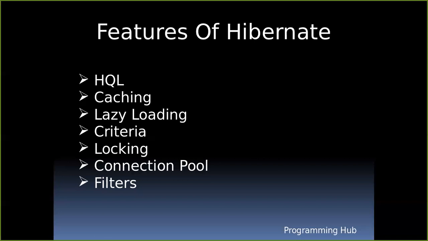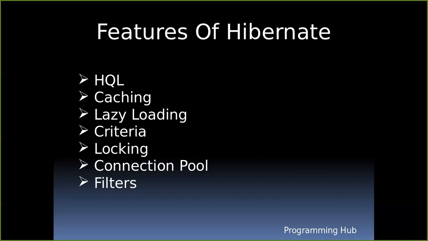So next is criteria. In most cases, we select data from tables in Java projects. If the query to select the data is not a tuned query, then the data will be selected slowly from the database, which affects performance. For a Java programmer, creating tuned queries increases the burden.